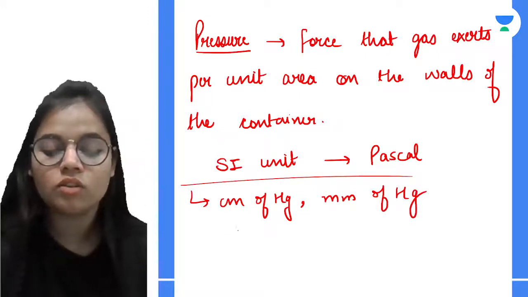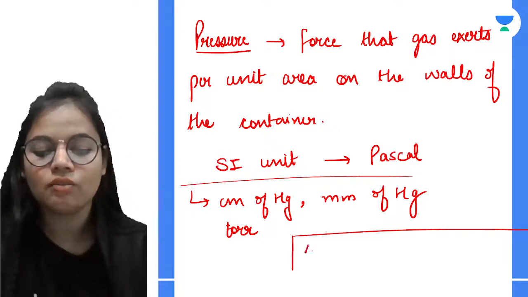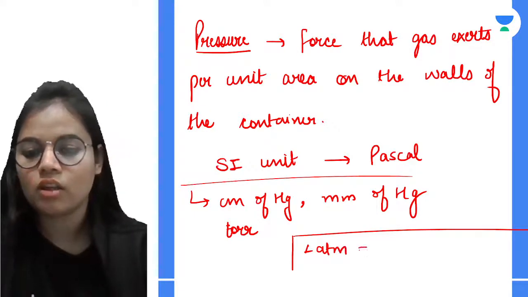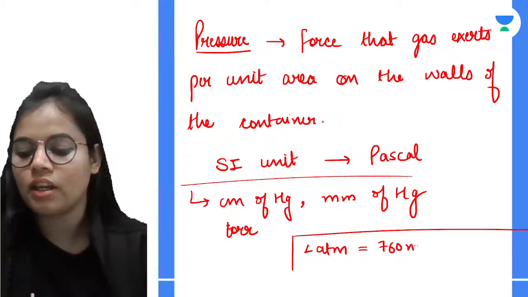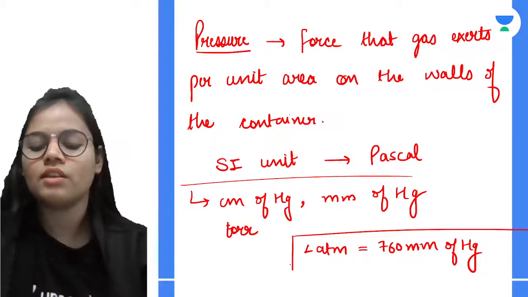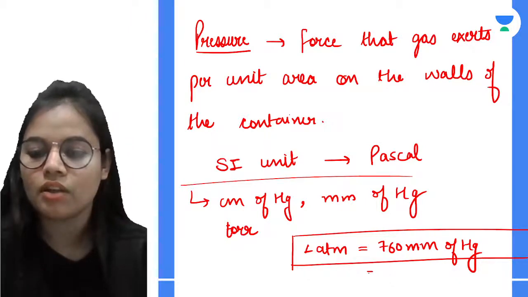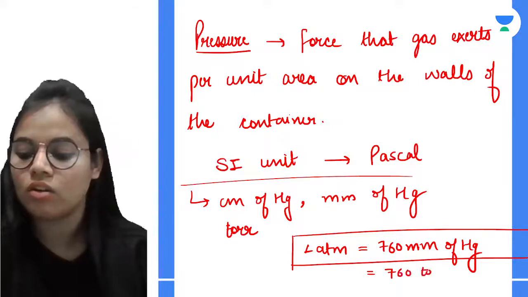We also use torr, which is named after Torricelli. Now if I talk about the relation, 1 atmosphere is equal to 760 millimeter of mercury, or 76 centimeter of mercury, or it is equal to 760 torr.